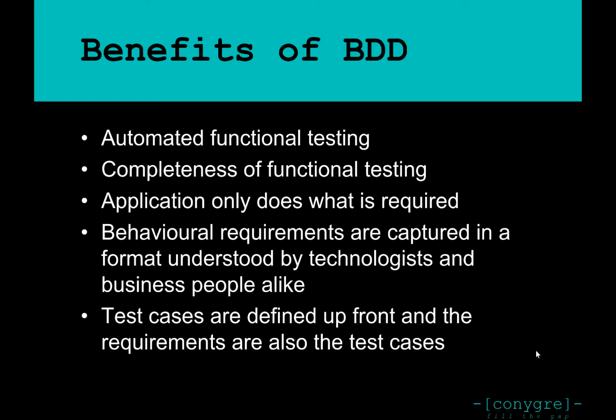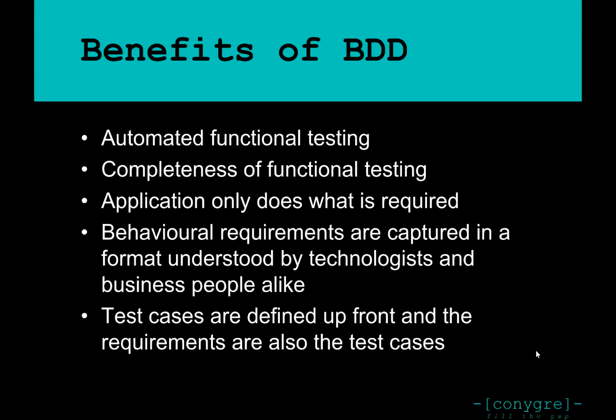It also means when you do behaviour-driven development that your application only does what is required, because you specify your requirements in these documents and then ensure that your application meets those requirements. If it does meet those requirements and passes those tests, then it does what's needed. It doesn't need to do anything else.